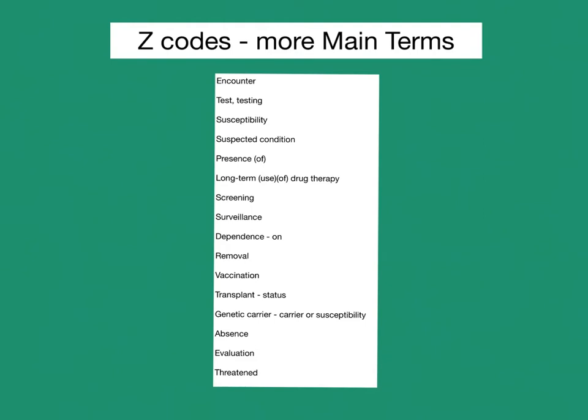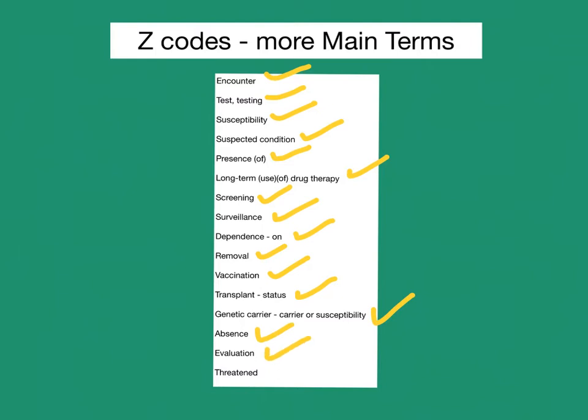A few other main terms that lead you to Z codes include encounter, test or testing, susceptibility, suspected condition, presence of, long-term use of drug therapy, screening, surveillance, dependence on, removal, vaccination, transplant status, genetic carrier, absence, evaluation, and threatened.